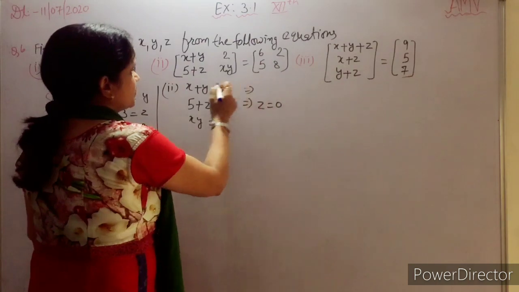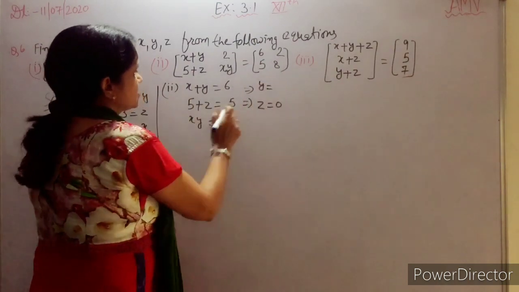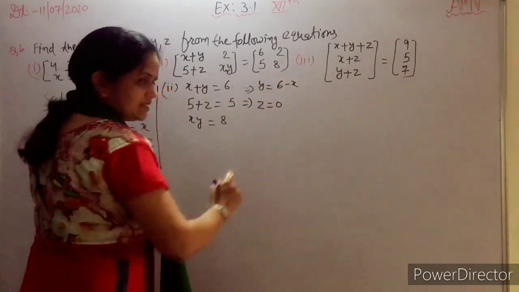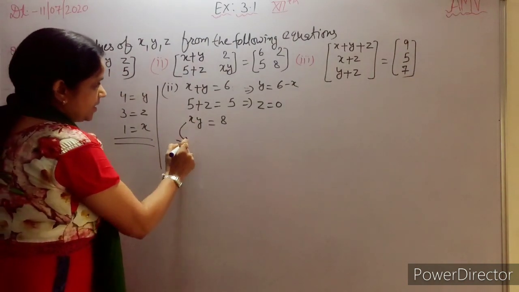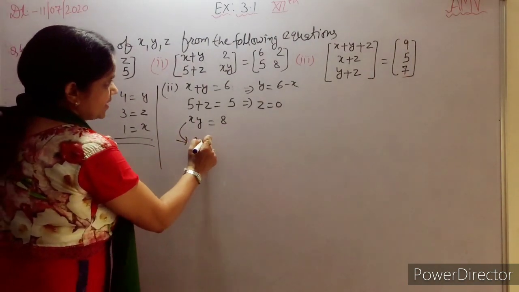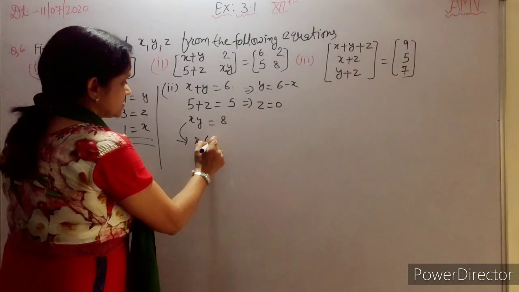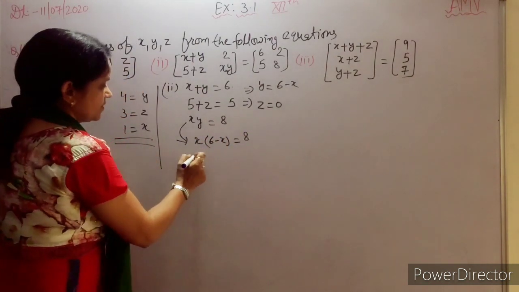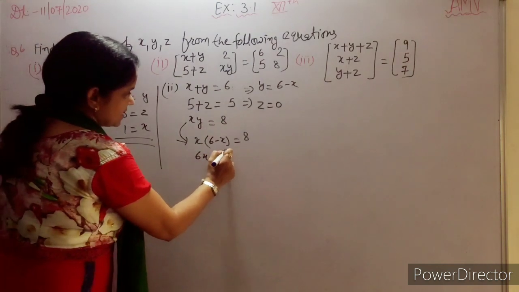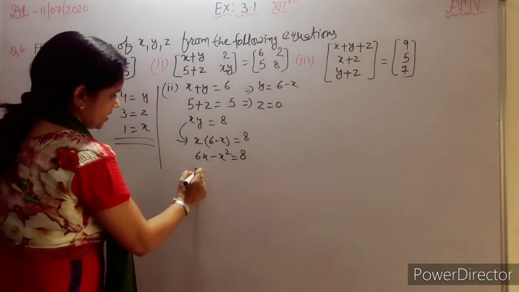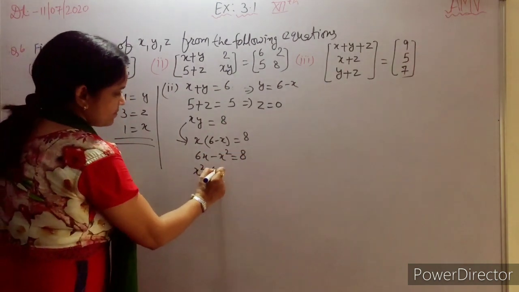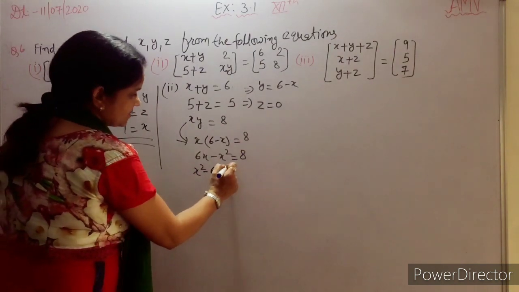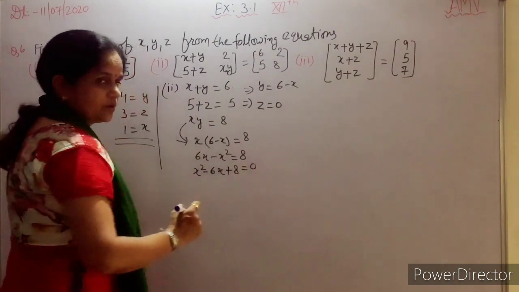Okay. So first from here y is equal to 6 minus x. And substitute here for y. x times (6 minus x) is equal to 8. Now solve it, student. 6x minus x square is equal to 8, or x square minus 6x plus 8 is equal to 0.